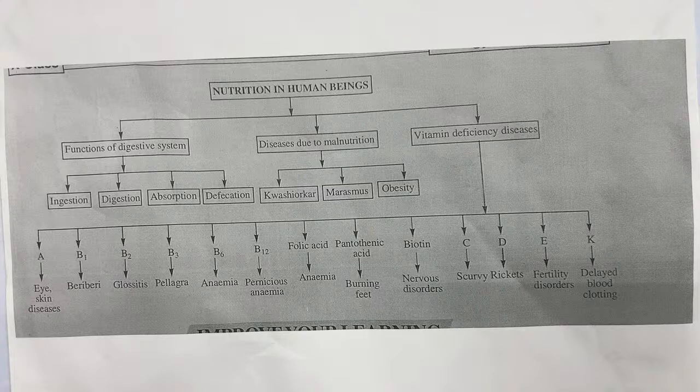Then vitamin E. If vitamin E content is low, fertility is affected, and parents after marriage may not have children for a long time. It depends on the food habits that both male and female have before marriage.